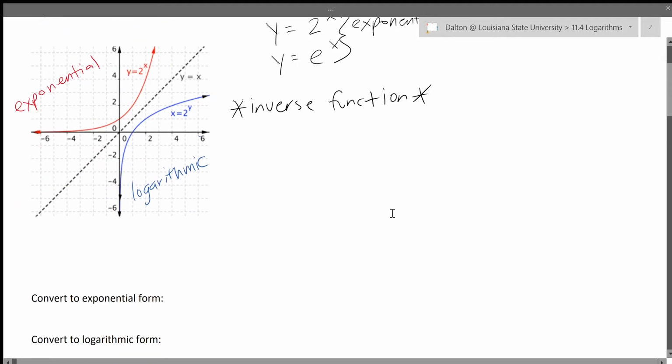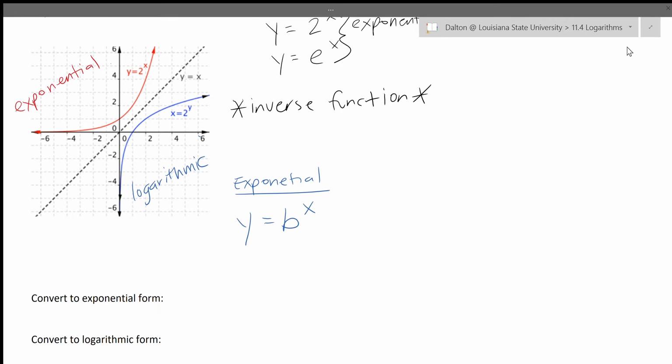So if the logarithmic function is the inverse, basically you have this definition. An exponential equation is written in the form y equals b to the x power. And this is stripped down to its core, right? Like last week we talked about a times b to the x minus h power plus k. But this is just stripped down to the very, very basics. No a, no h and k movement.